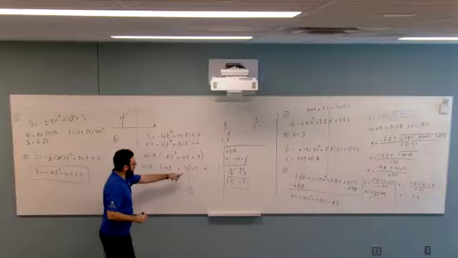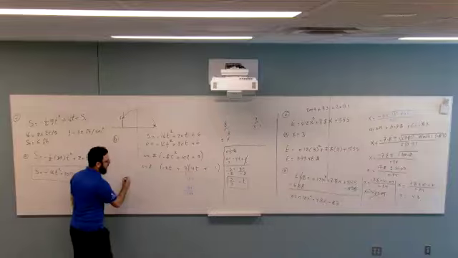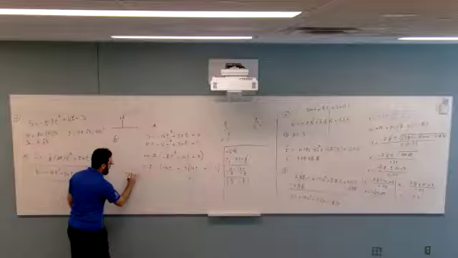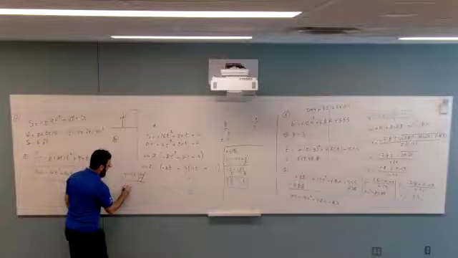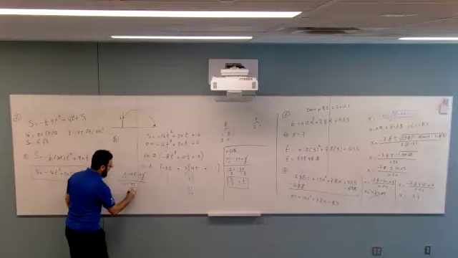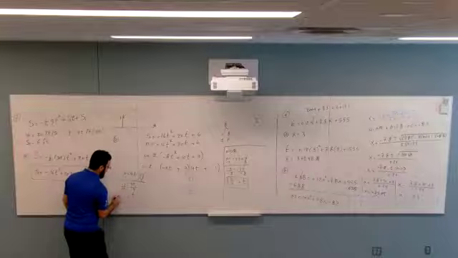The next solution is going to be from 4t plus 1. Let's do it. 0 equals 4t plus 1, subtract 1 from both sides. Negative 1 equals 4t, divide by 4, t equals negative 0.25.